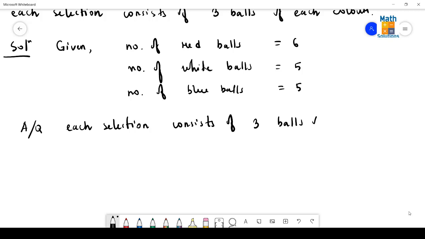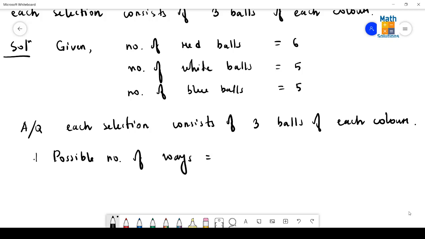Therefore, the possible number of ways equals, I have to write here, out of 6 balls I am choosing 3, and where there is 'and', there is 'into'.